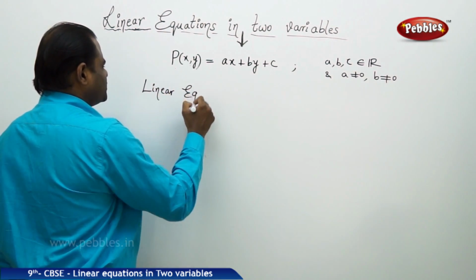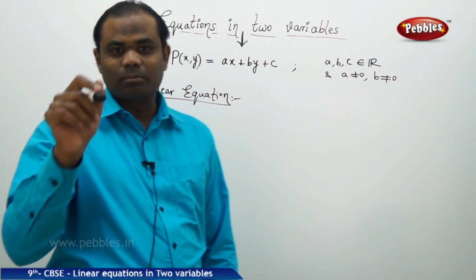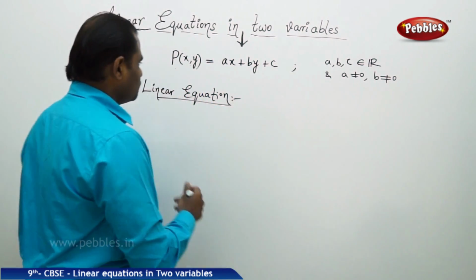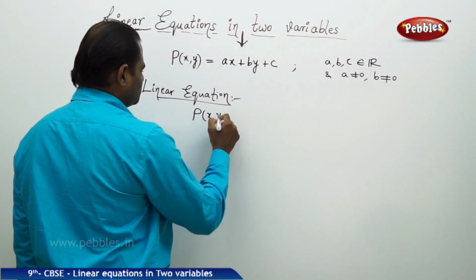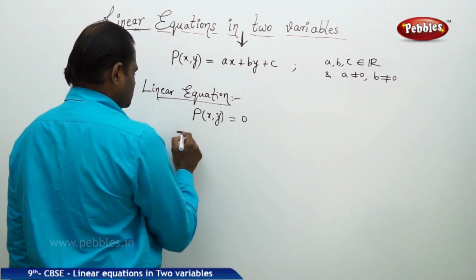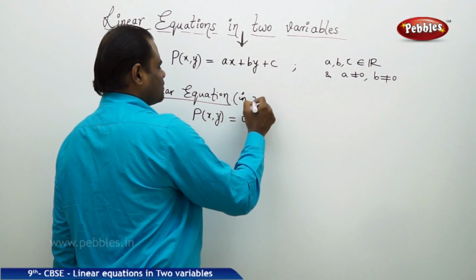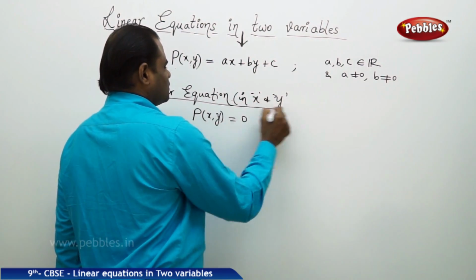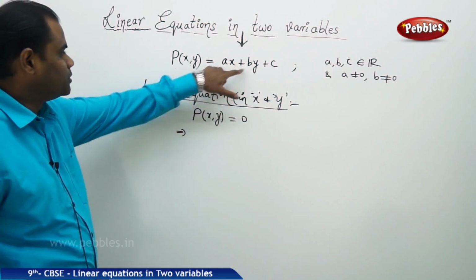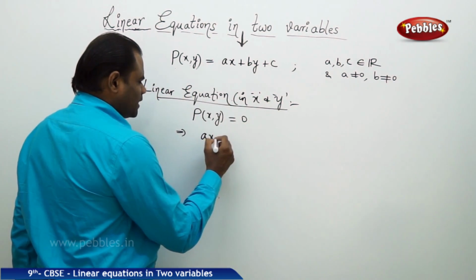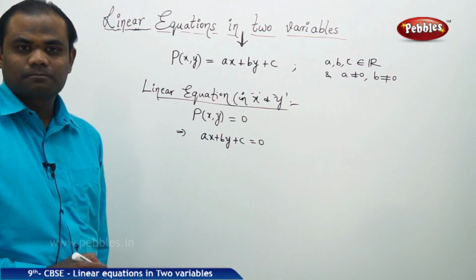the linear equation is obtained when I equate the given polynomial to 0. So when I want to convert this into an equation, I just take it in the form equal to 0. That implies a linear equation in x and y is defined to be p of x comma y equal to 0, which is ax plus by plus c equal to 0.